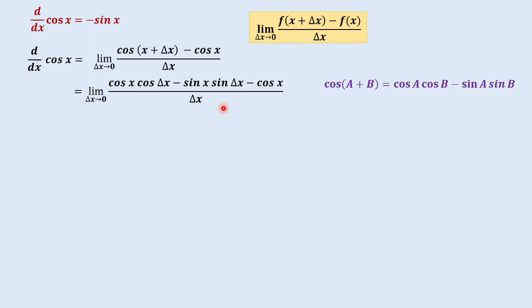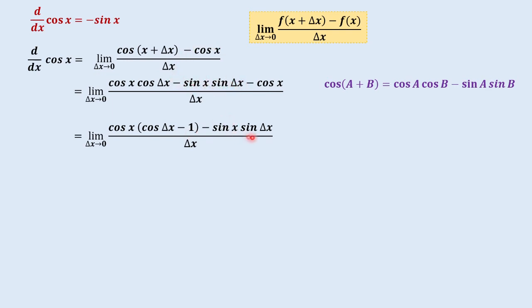over delta x. And notice that this part has a common factor with this part, and that would be cosine of x. So factoring that out, we have cosine x and then times cosine of delta x minus 1. And then just copy this middle term.